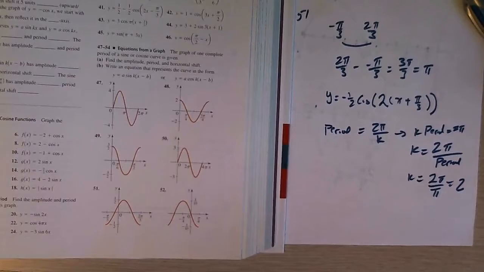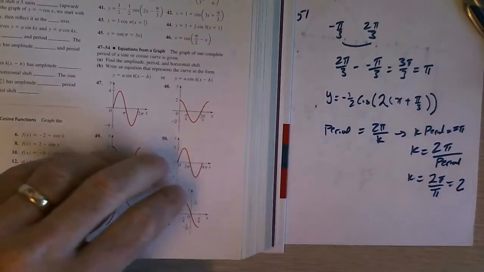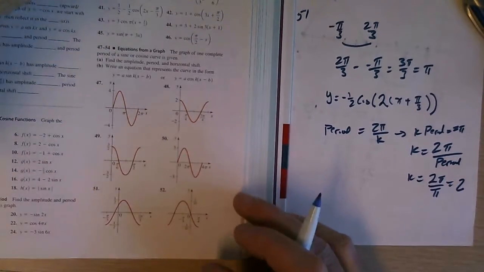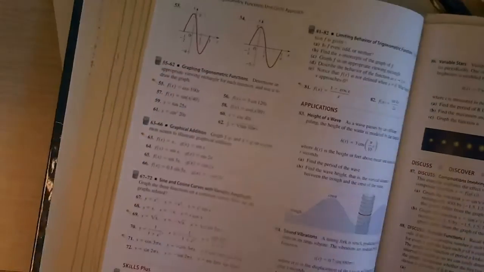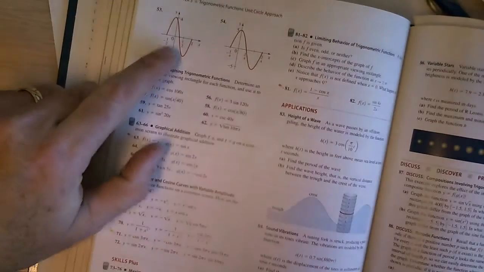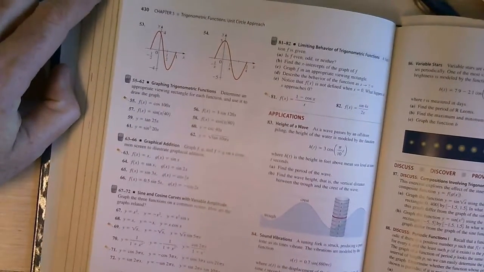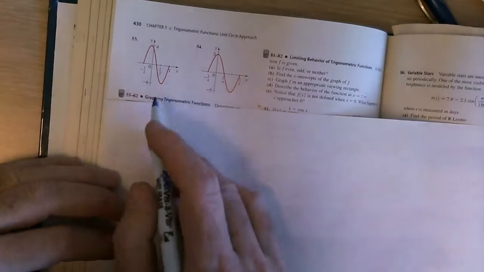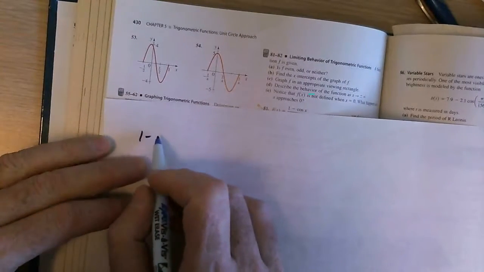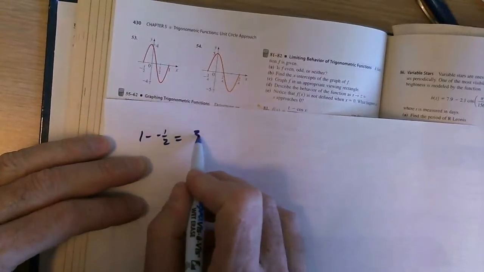Okay. Let's take a look at 53 on the next page, because again, you said you got everything except for the period here. Well, it looks to me on this one, you go from minus a half to 1. So let me get a piece of paper. From minus a half to 1, if I do 1 minus a half, that would be 3/2.